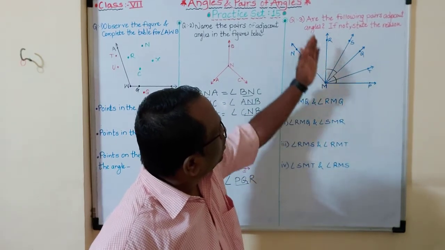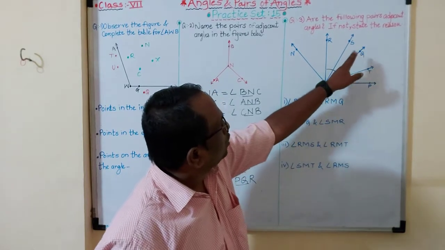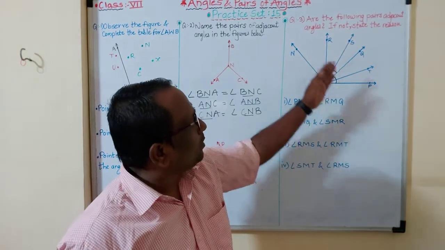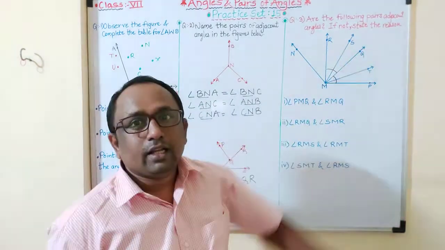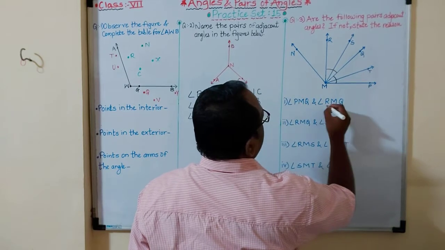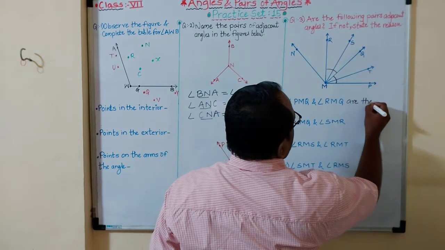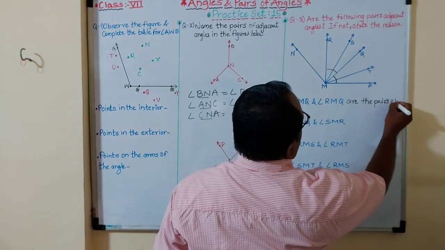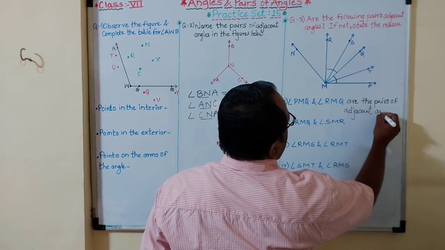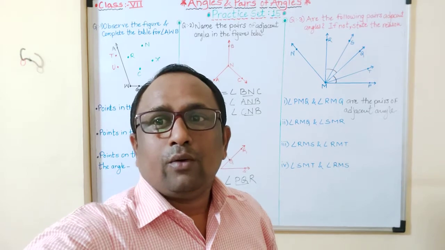If you see properly, QM is a common arm, they have a common vertex M, and they are on separate interior sides. So here we have to write angle PMQ and angle RMQ are a pair of adjacent angles.